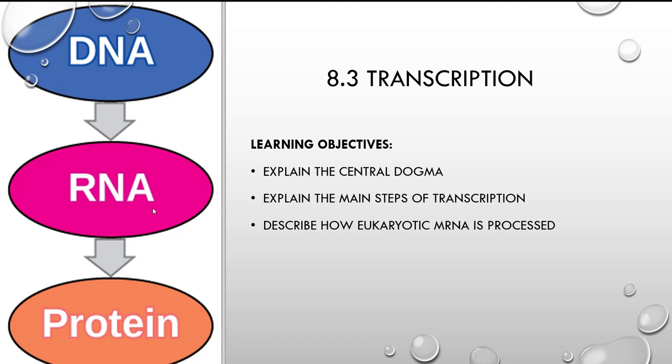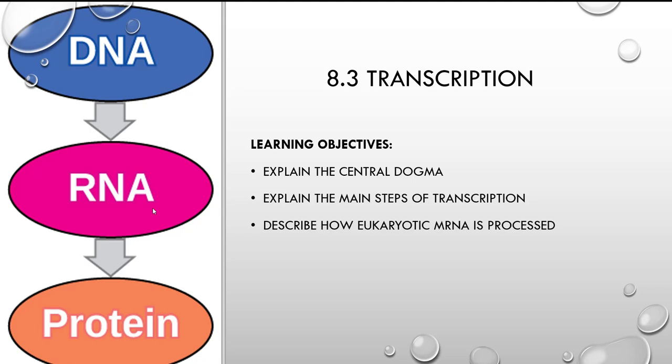Transcription is where DNA is read, or transcribed, into an mRNA molecule. The mRNA is basically the code that helps form a protein through a process known as translation. So in this video, we're going to walk through the process of transcription.